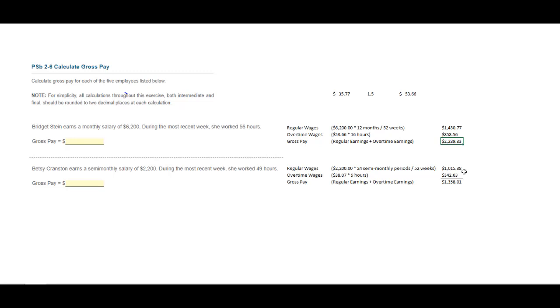Now, what is the overtime pay? We know it's 9 hours of overtime, but we don't know the overtime wage rate. We know the regular wage rate only when we do a calculation. So we have the regular wage pay of $1,015.38. Let's do that.